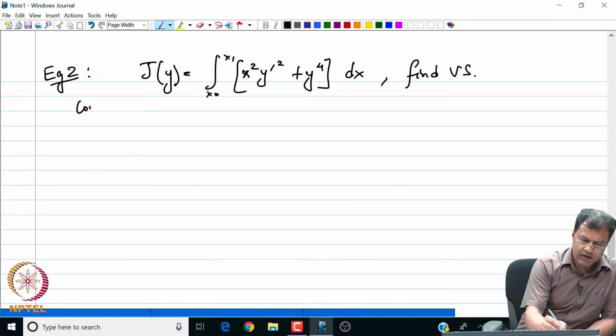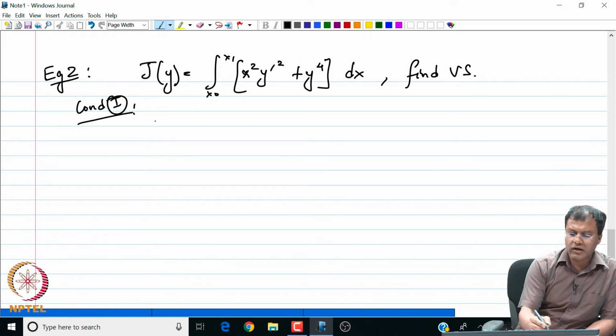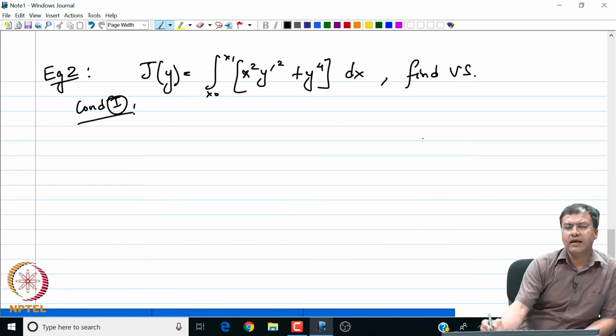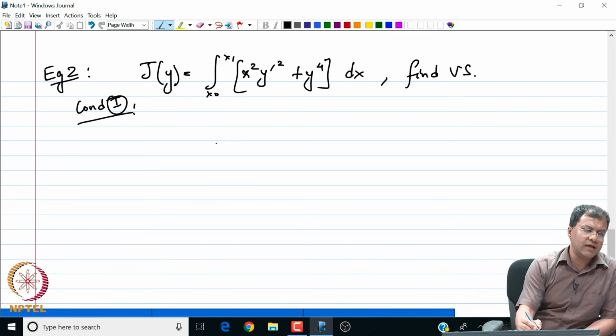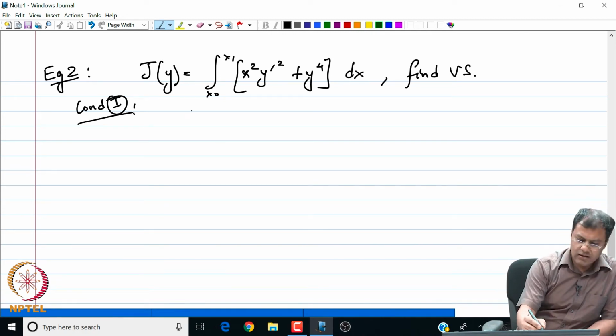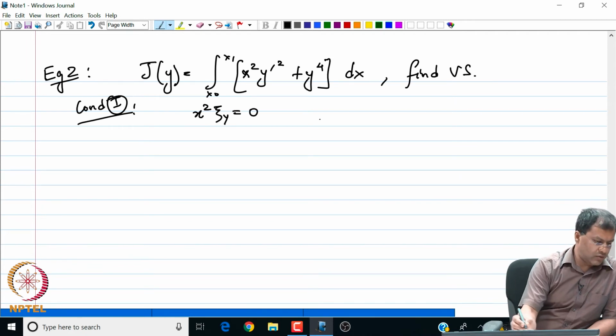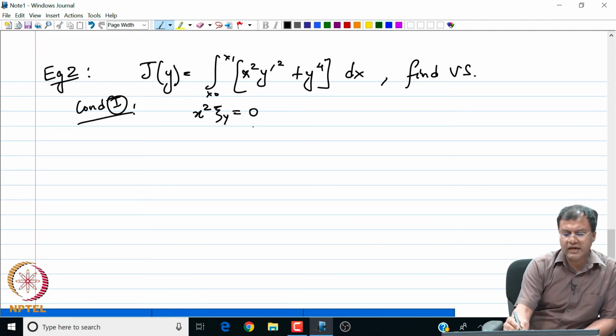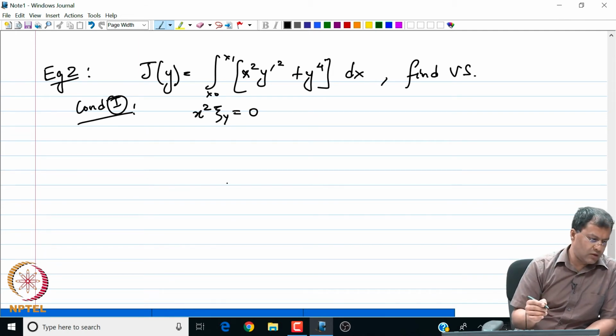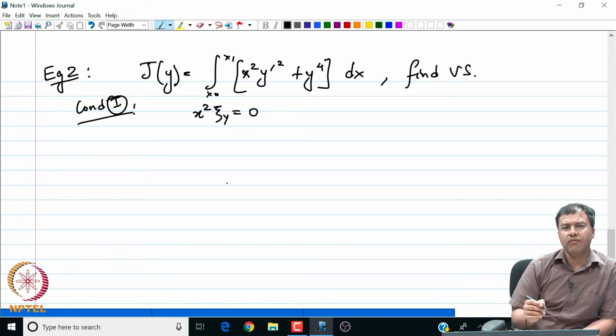Okay. So, using condition 1, I am not going to write down condition 1, but right away write down the coefficients of various powers of y prime, and so these are the 4 conditions. We get x square zeta y is equal to 0. Students should check that indeed we get all these conditions by equating to 0 the coefficients of the independent variable y prime.